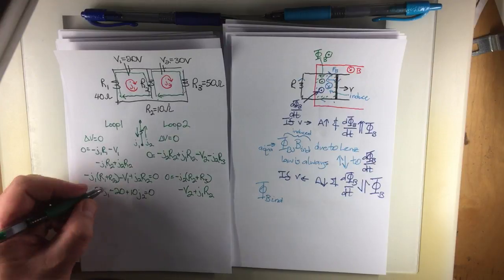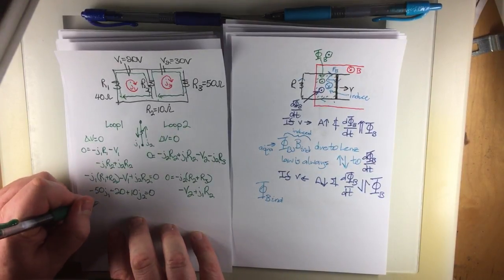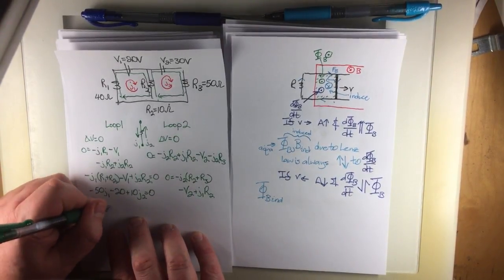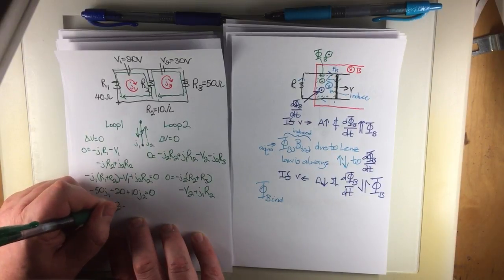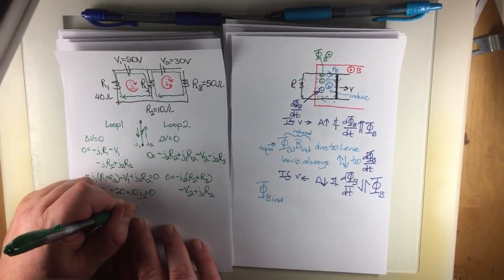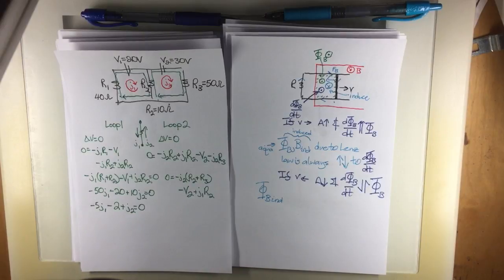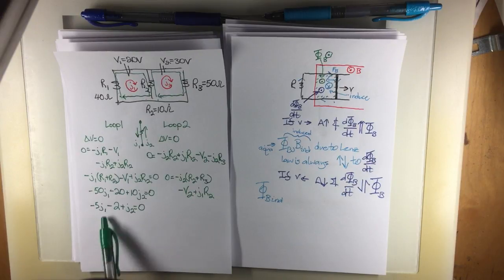The common factor is 10, so it's minus 5 J1 minus 2 plus J2. Really, what I do when I write these Kirchhoff law problems is I put a common factor into the numbers, just so it makes things easier when you get to the 2 equation 2 unknown part.